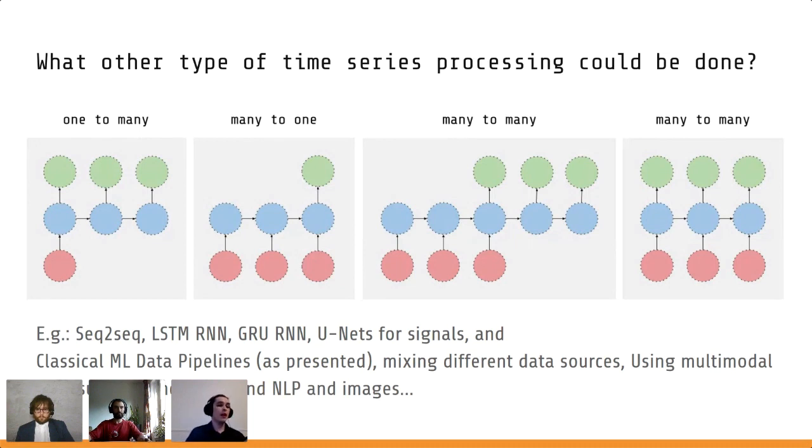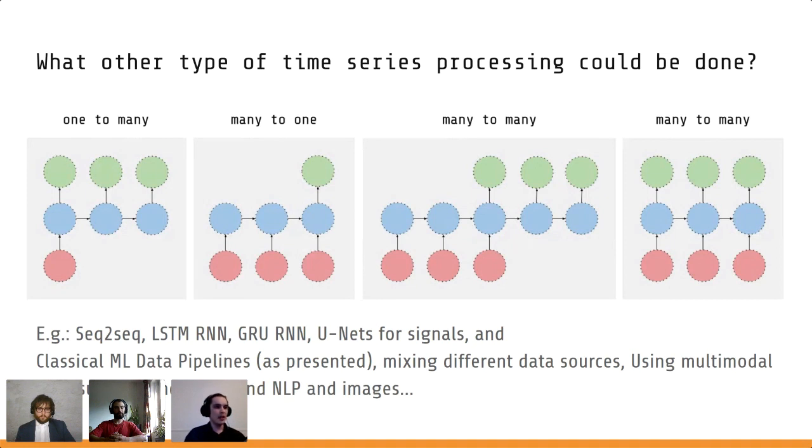We could also mix different data sources into the pipelines, such as images, time series, and natural language processing all at once in the same project, as data inputs, as x's to predict some y's, predicting many y's or things like that. We can really play with flexibility here with Neuraxio.